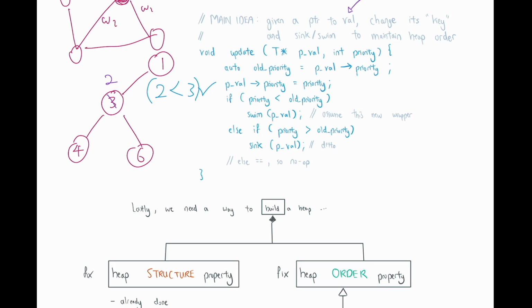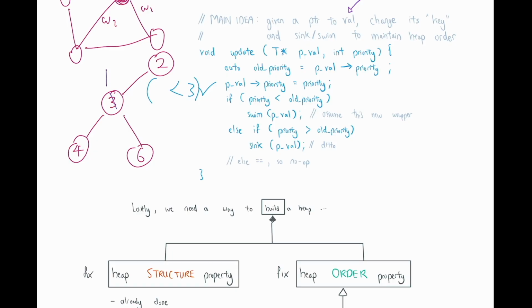So we check whether we need to swim, because if you lower this value, then maybe it's lower than the value above it. Maybe a better example is this. Let me change this example. Let's say originally the parent of 3 was 2, and then our update changed the priority to 1.